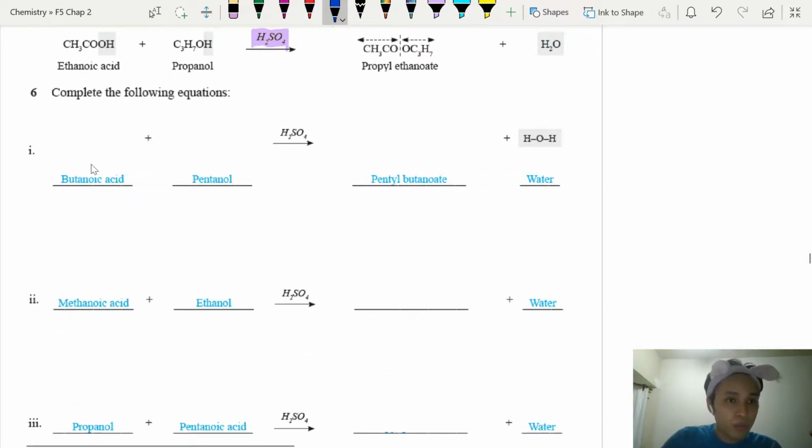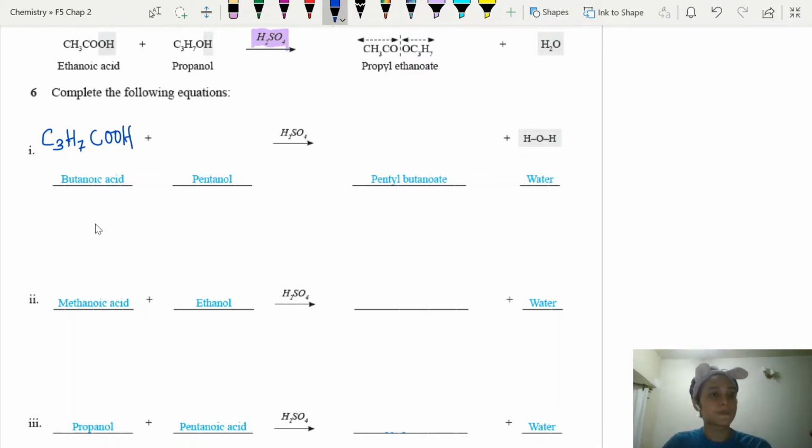All right, let's do another revision. Butanoic acid. Remember, a 4 carbon acid. So how do we draw it? I'm just going to write out the chemical formula. 4 carbon, so here will be C3H7COOH.